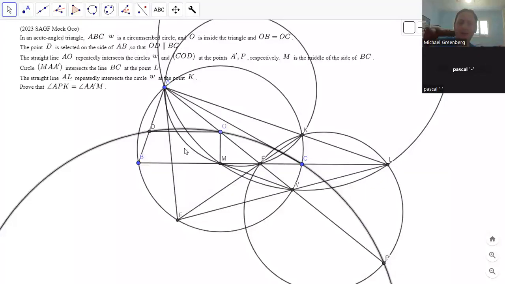So that's what makes this hard. Yeah, if D were symmetric, but it's like you're taking a parallel and you're just intersecting it with AB.